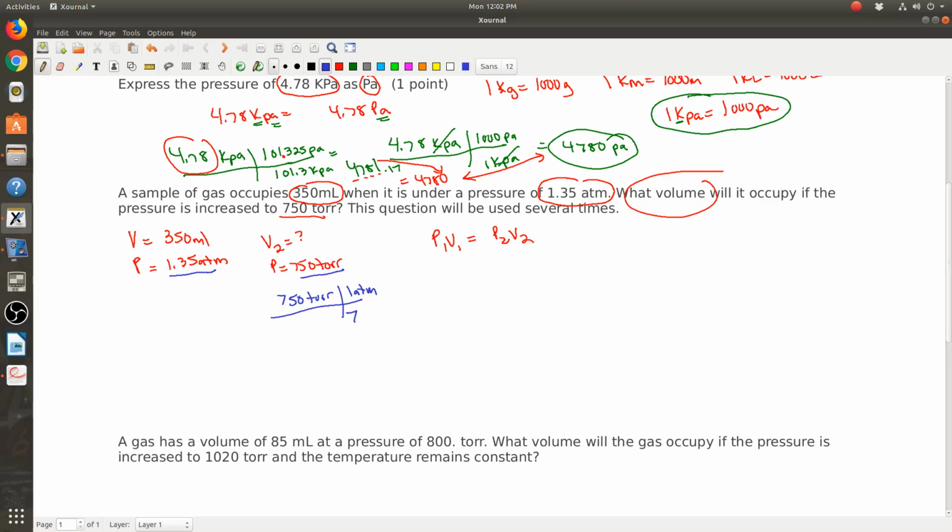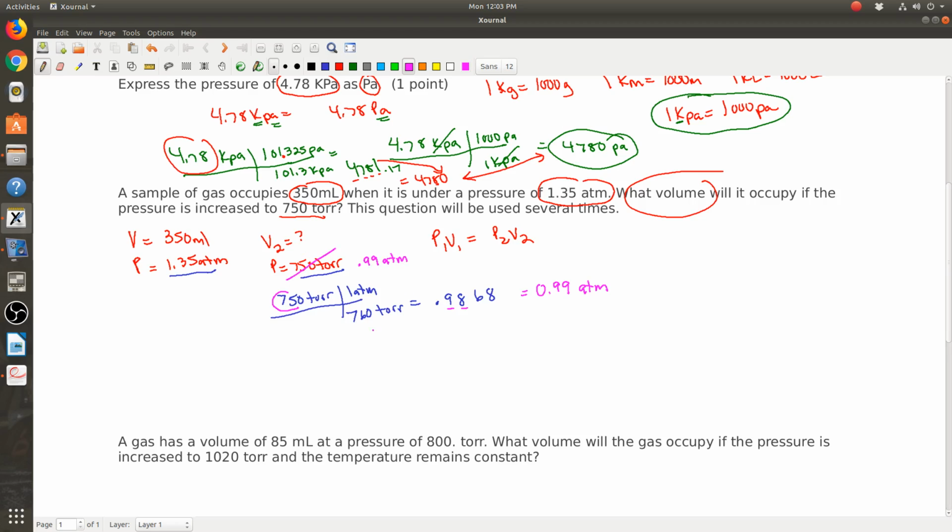So 750 divided by 760 is 0.9868, and I have to look at sig figs. 750 only has 2 significant figures, so it's 0.99 atmospheres. Okay, so that means instead of using this number, I'm going to use 0.99 atmospheres.